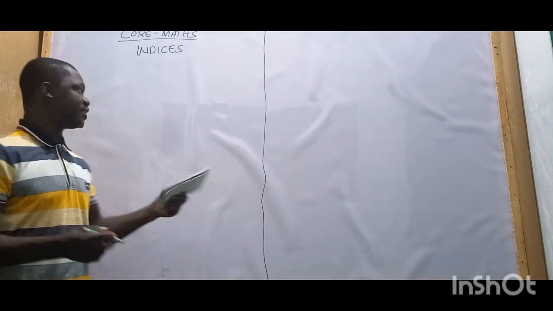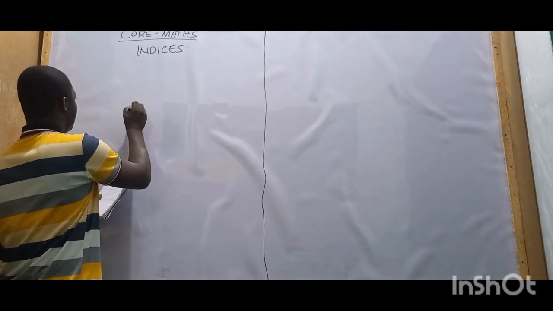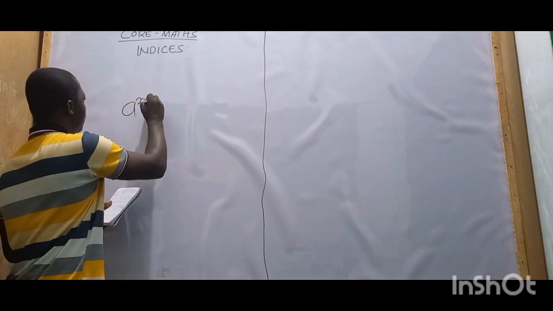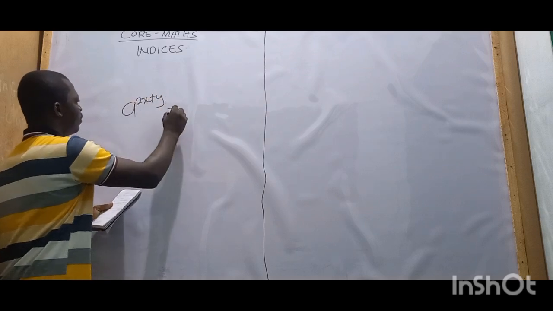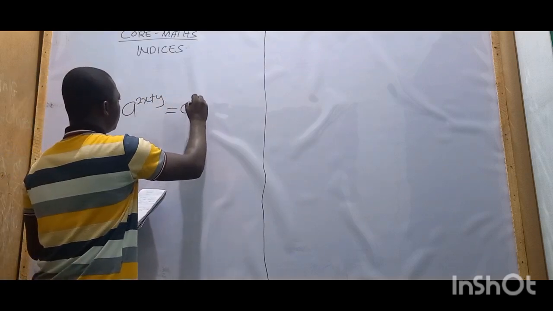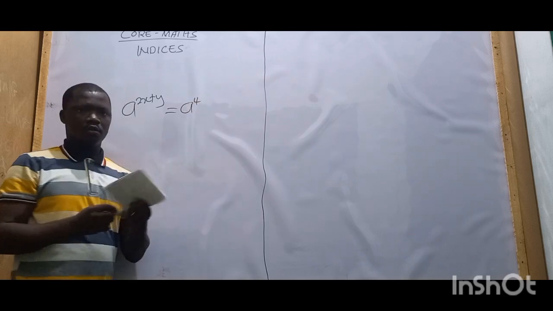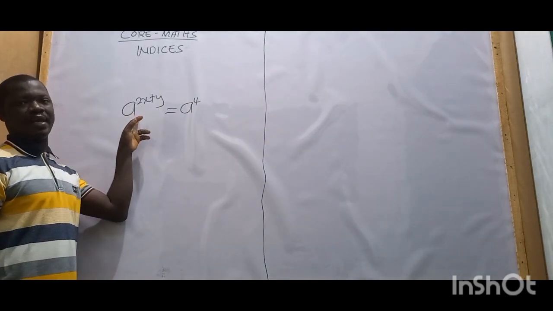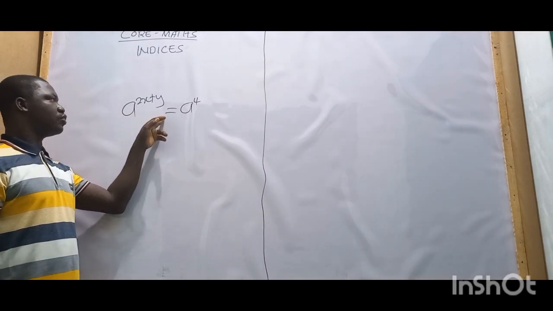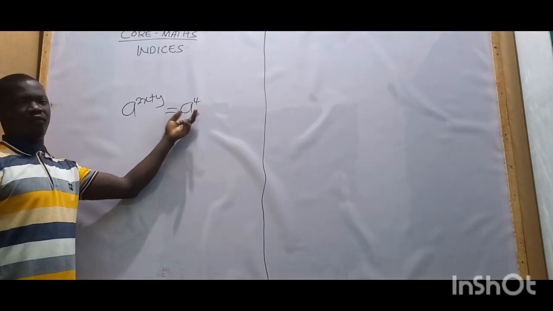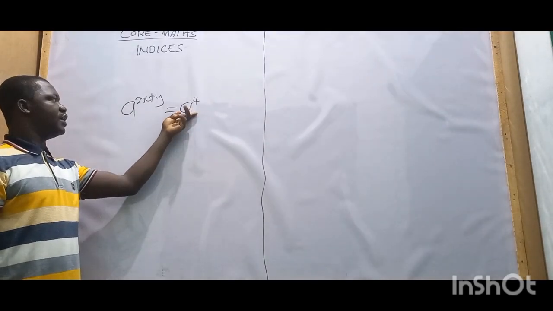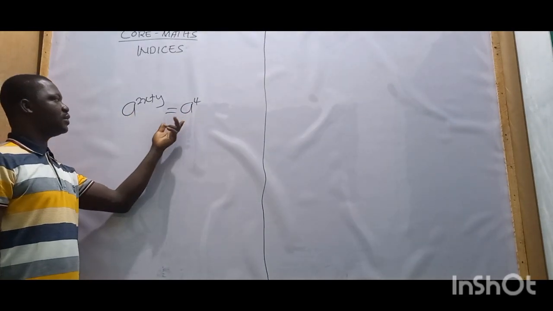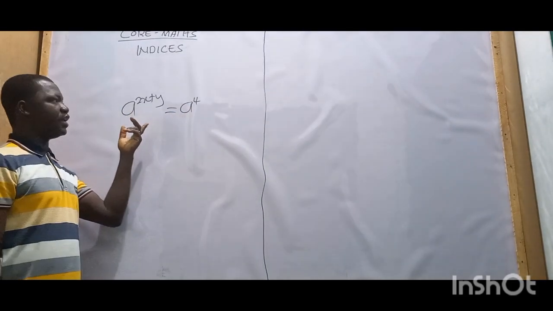So for instance, a power 2x plus y equal to a power 4, or a exponent 4. If you see something like this, it is called what?